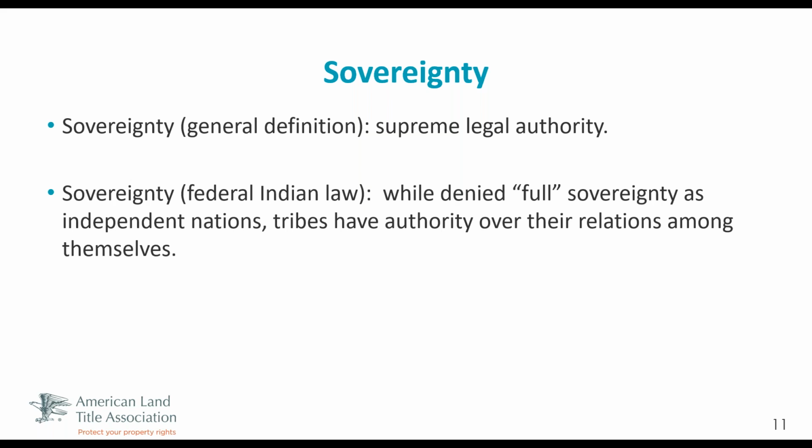But then we have a little bit of a twist in that tribes are not given full sovereignty as independent nations. One of the major constraints is that tribes are not permitted to engage in international relations. However, tribes do have authority over their relations among their members and themselves. They have very broad authority also over their land.